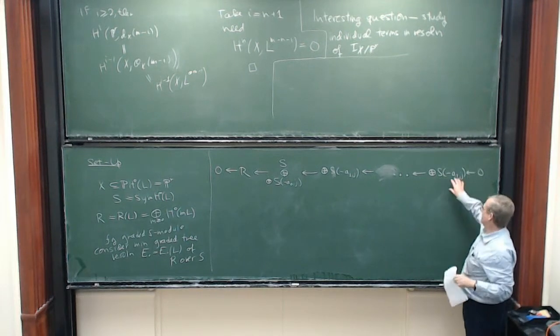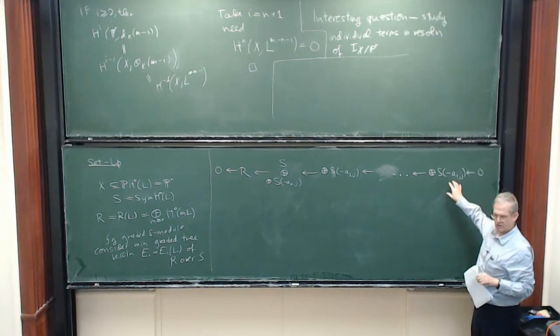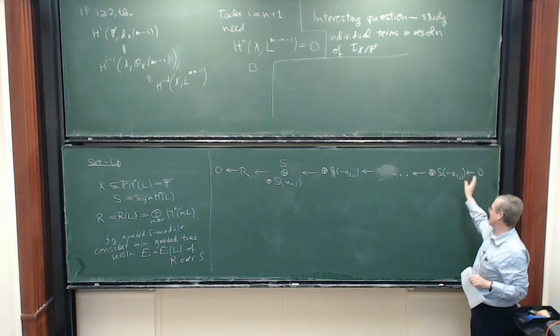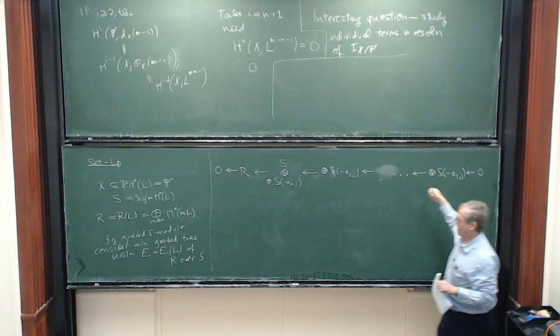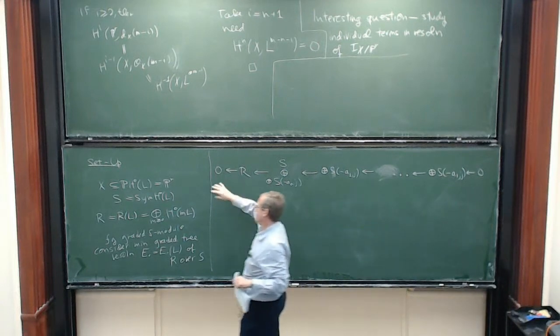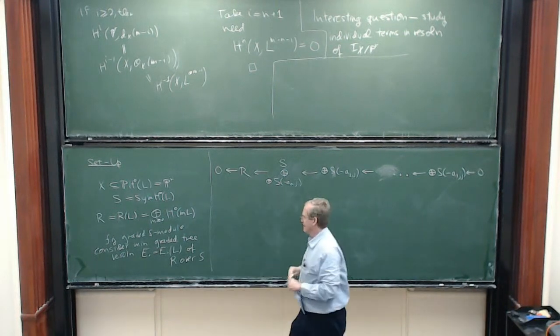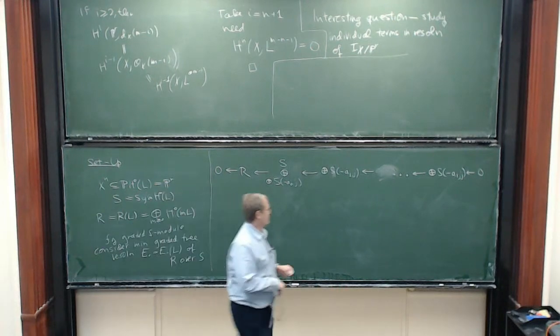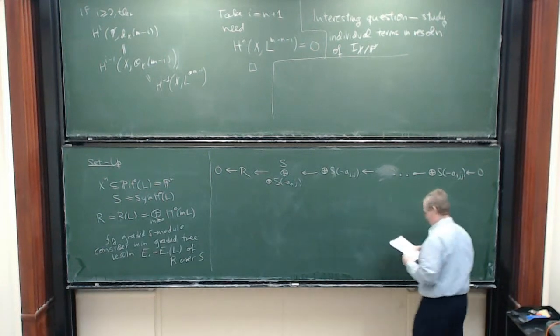The length of the resolution is either R or in between R and R minus n, where n is the dimension of X. If it's Cohen-Macaulay, then it's R minus n. But anyway, you should think of it as essentially ending after R steps.